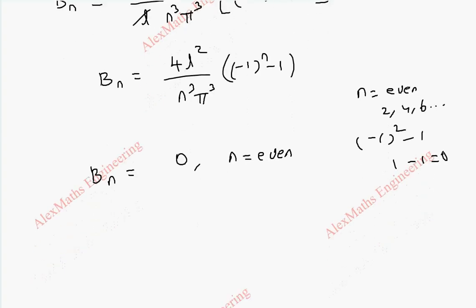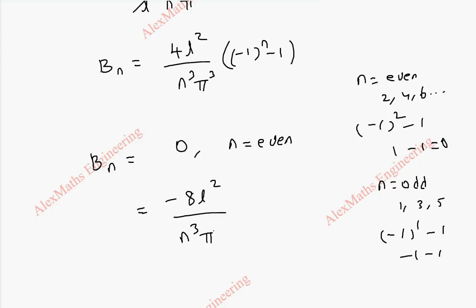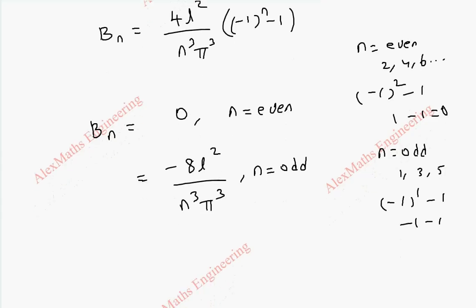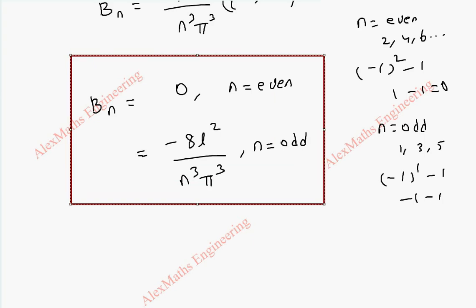When n is odd, like 1, 3, 5, we take (minus 1) whole power 1 minus 1, this is minus 1 minus 1, which is minus 2. Already this is 4. So minus 8L square by n cube pi cube. This is for when it is odd. So we have the Bn value when it is even and odd.